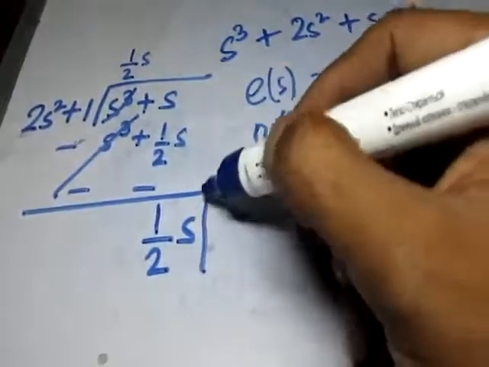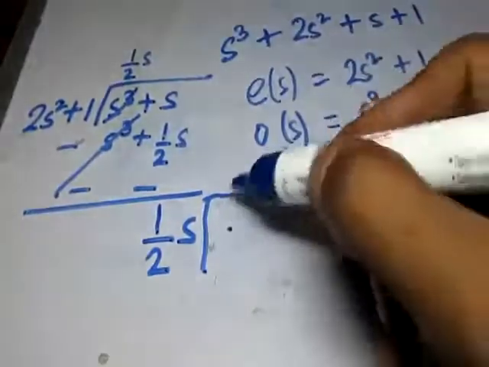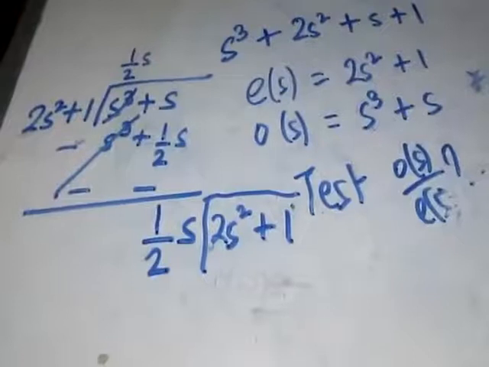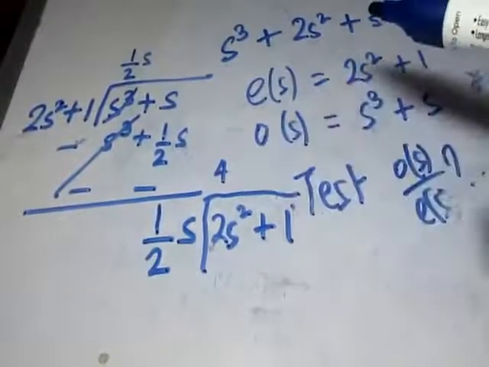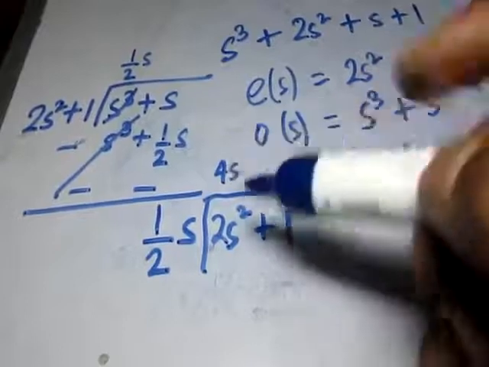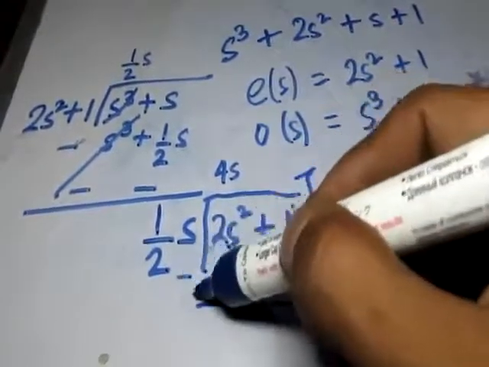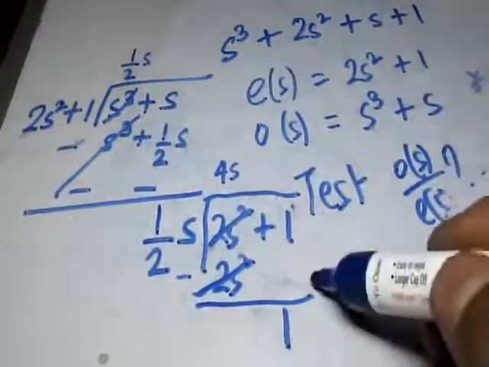Next, we copy this here. Now we multiply by 4 and s, that becomes 2s square. Now this is 1.